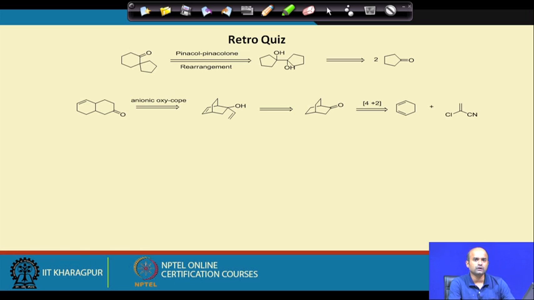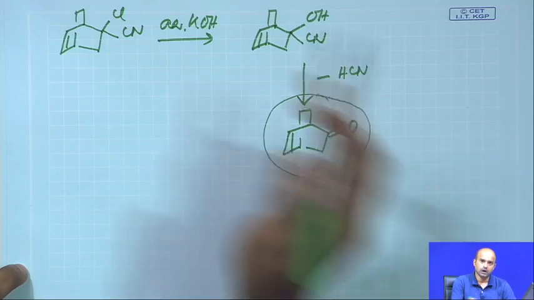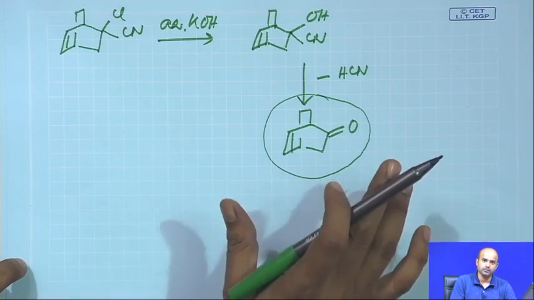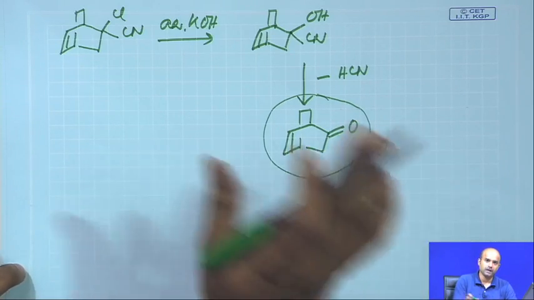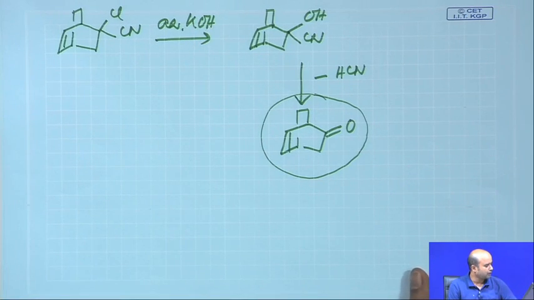We used an anionic oxy-Cope here, and then we also used a Diels-Alder cycloaddition reaction to get this particular ketone, and this ketone is very useful as a starting material, and then you can do a vinyl magnesium bromide reaction, which we have already discussed, and then you can do the anionic oxy-Cope.